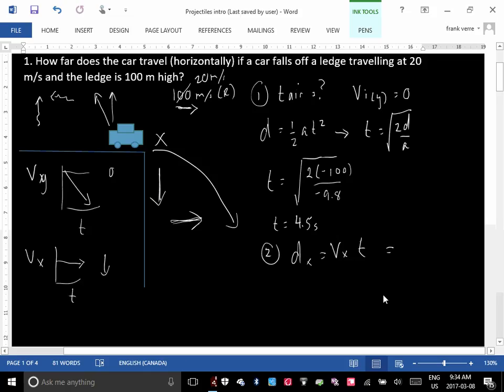So how far does it travel? It's going to be the horizontal speed, which is 20 meters per second, times the time in the air, which is 4.5. That ends up being 90 meters. So it should be 90 meters from the cliff.